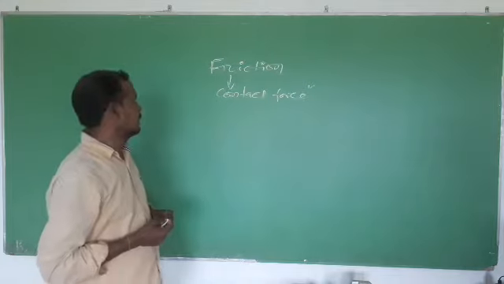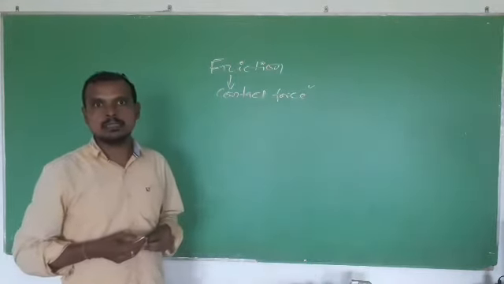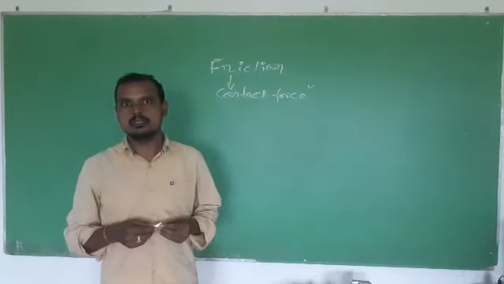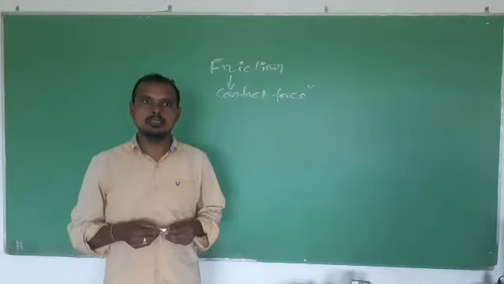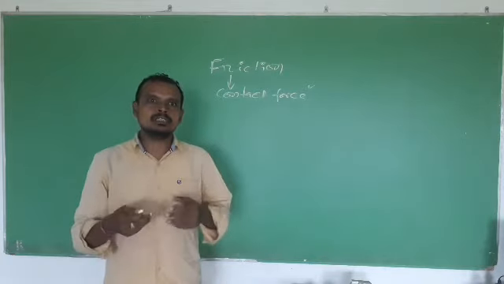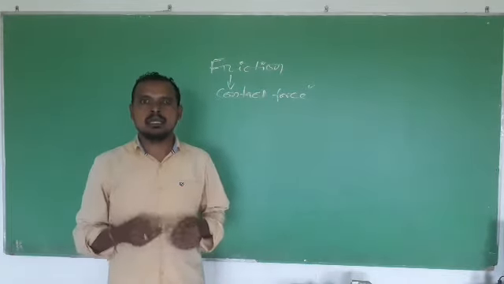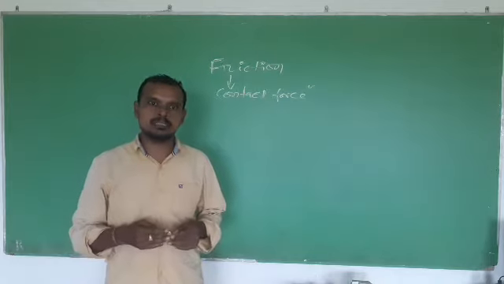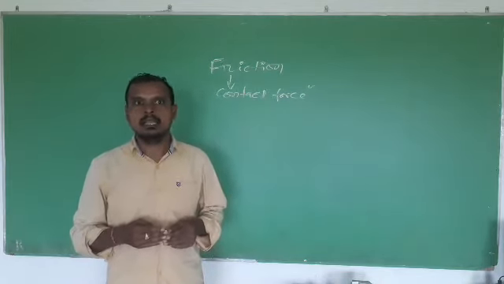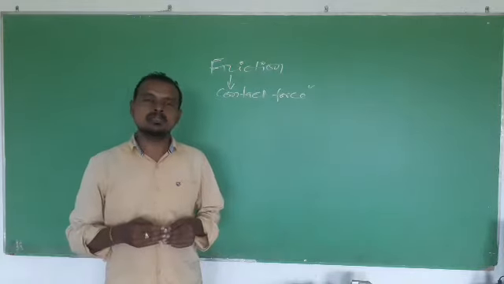So let us take an example. Keep a duster on the table. So a force comes between the two surfaces, means between the duster and the table, and that is known as what?